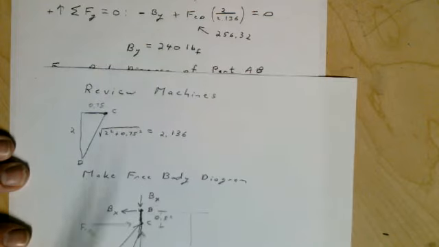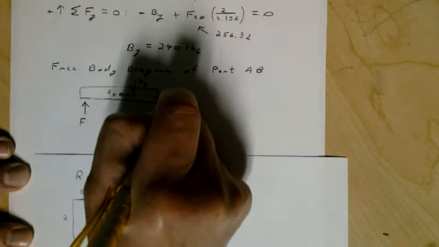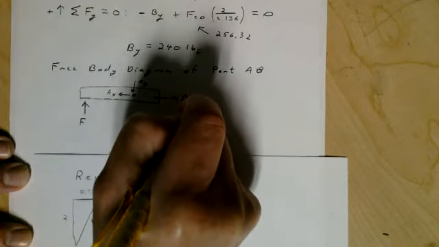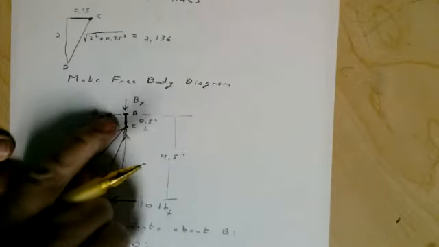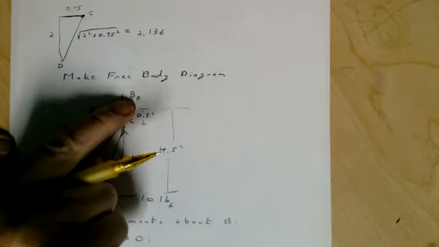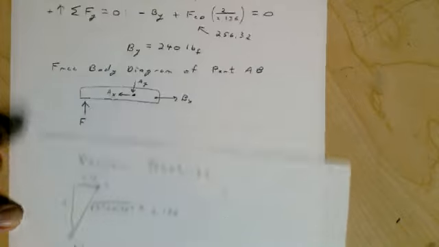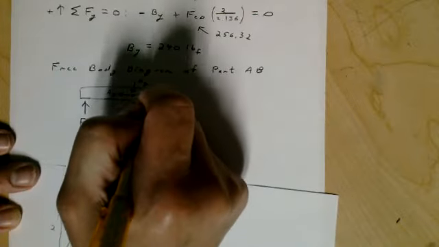then our BX will go to the right, because it's to the left on this part, and our BY will go up because it's down in this part. So just the opposite of what it was in the last part.